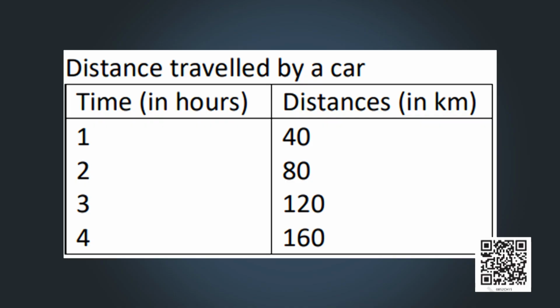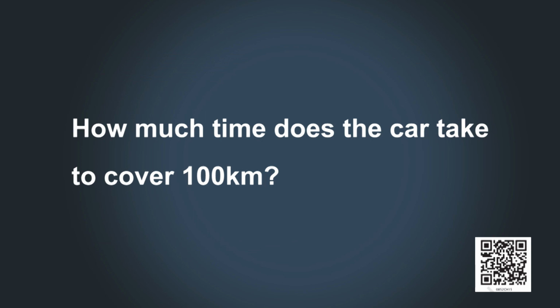Let us solve one more problem. The distance covered by a car in 1 hour is 40 kilometers, in 2 hours is 80 kilometers, in 3 hours is 120 kilometers, in 4 hours it is 160 kilometers. How much time does the car take to cover 100 kilometers?